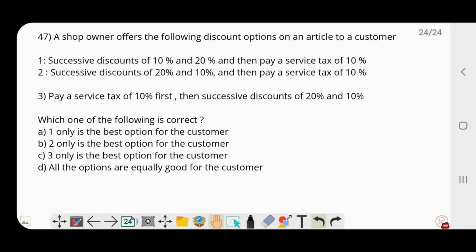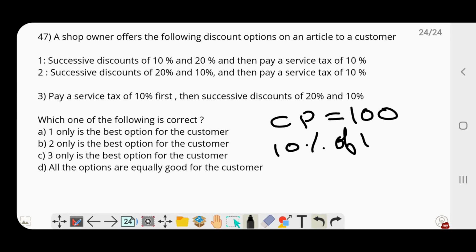So he gets a discount in the first scenario of 10% and then 20%. So you cut 10% of 100. 10% of 100 will be equal to 10. So the cost price is 100 and I will cut 10% of 100, which is equal to 90 rupees.